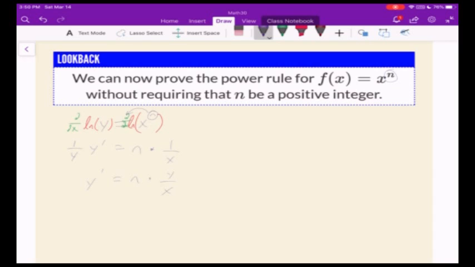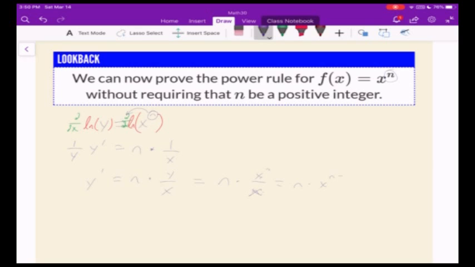We know that's just 1 over x. All right, then multiply the y to the other side. So you've got y prime equals n times y over x. But, of course, y is x to the n.